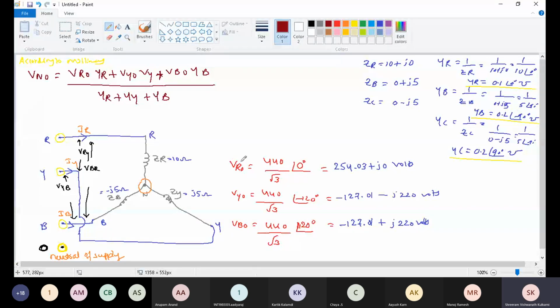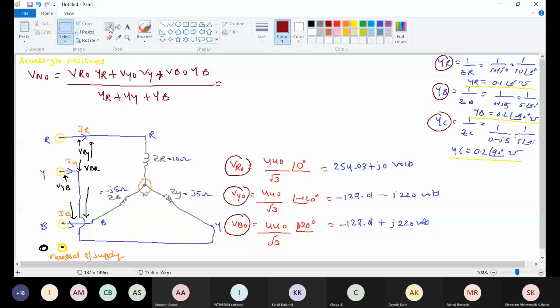We know VR naught, VY naught, VB naught. We know YR, YB, YC. Then simply calculate VN naught. Please write it down and tell me the answer first.